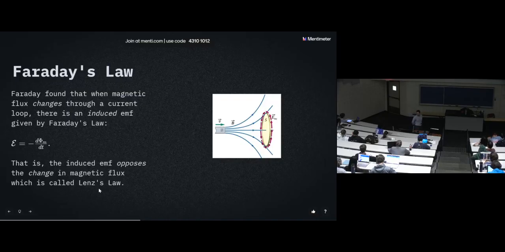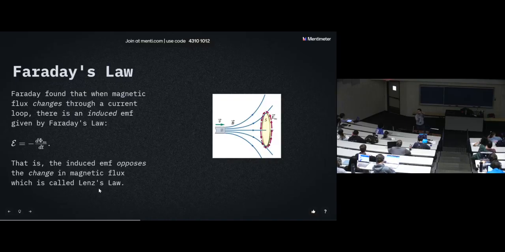Okay, so his question was, what specifically are you trying to do to cause that change? There are 3 easy ways to cause a change in magnetic flux. You increase or decrease the external magnetic field strength.